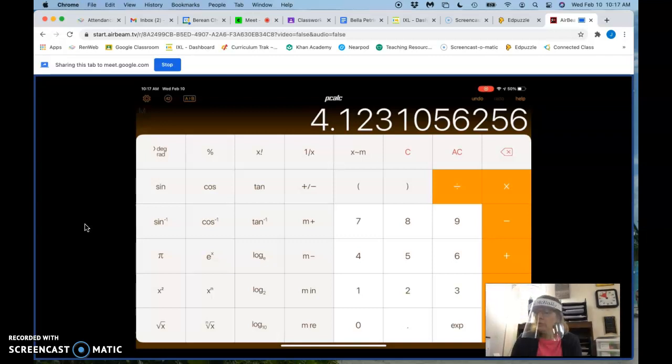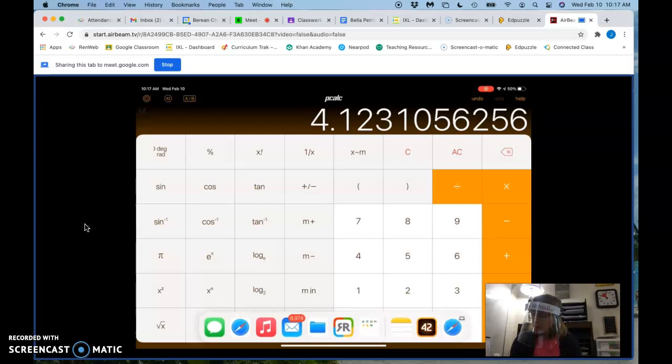It's irrational because there's a bunch of numbers in there, and I see some 5s more than once, and some 1s more than once, and some 6s more than once, but they don't repeat in a pattern. It's not like it says 1, 2, 5, 6, 1, 2, 5, 6, 1, 2, 5, 6. It's just random numbers, so that makes it irrational.